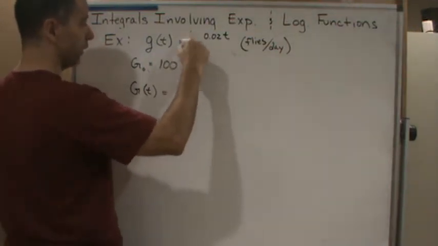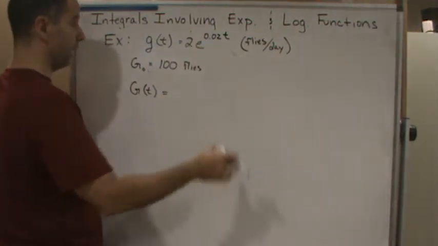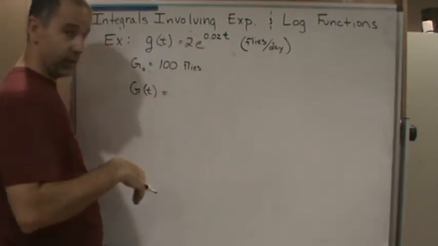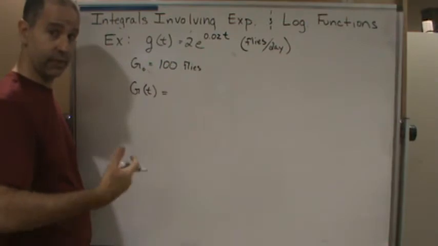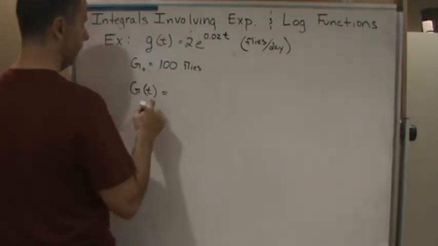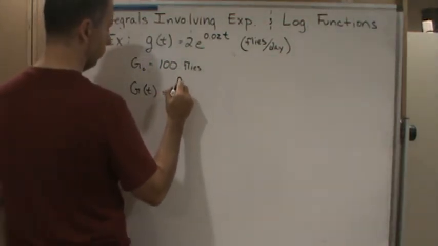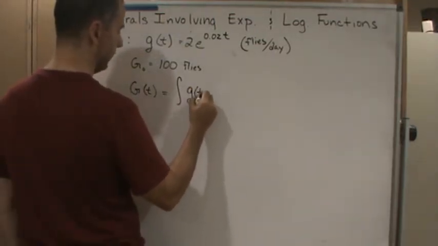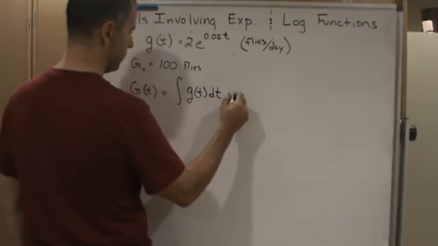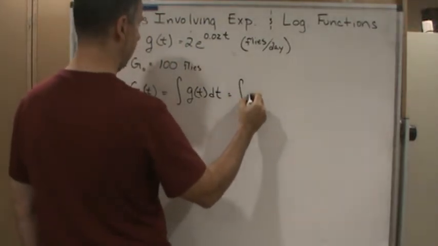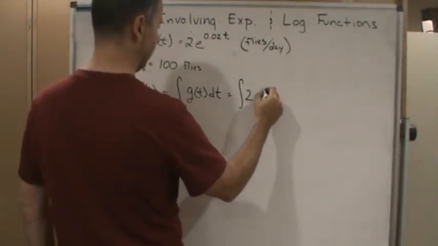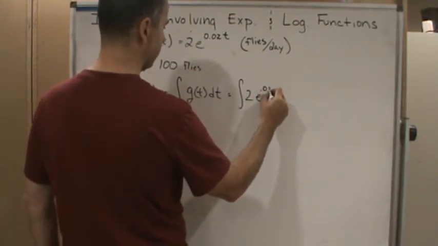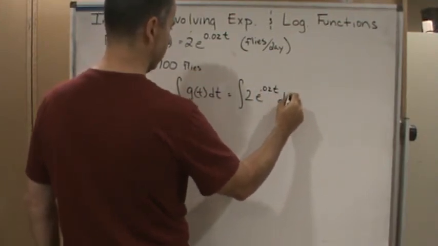So we integrate g of t dt, which equals the integral of 2e to the 0.02 t dt.